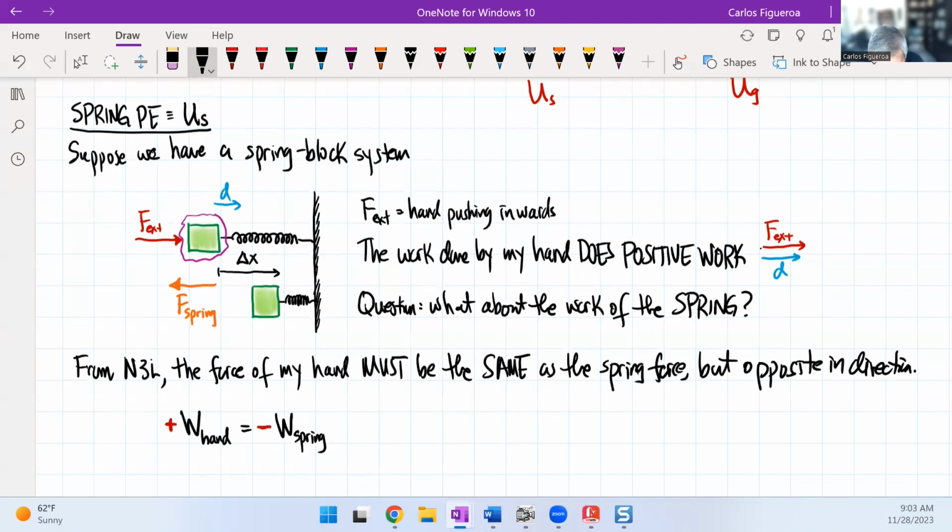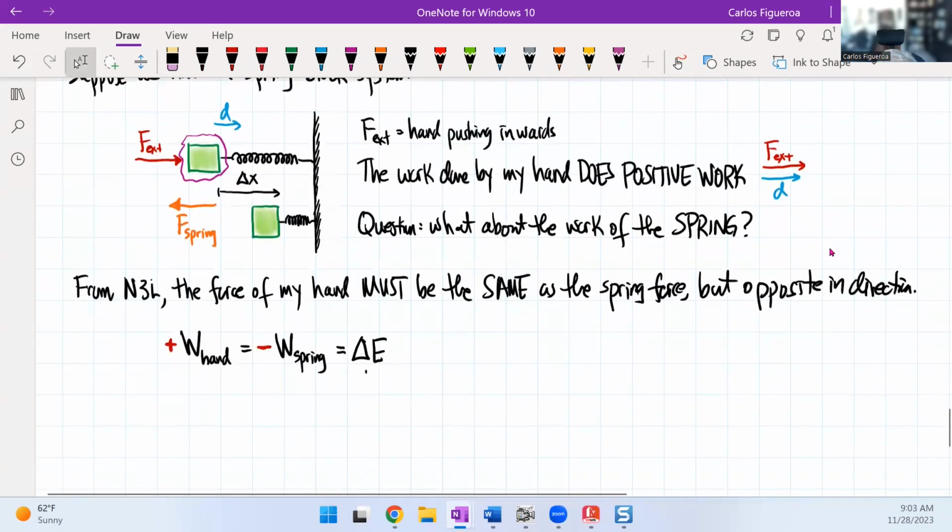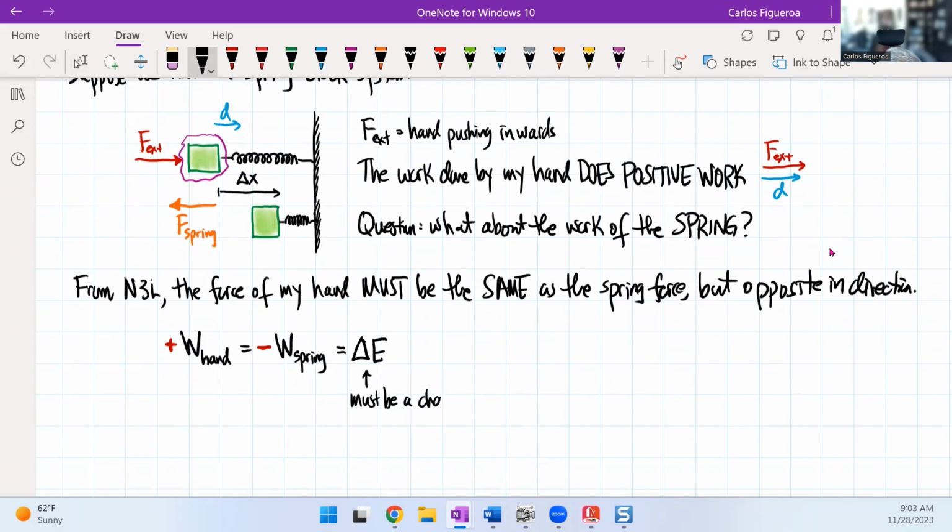So the question is, this work must change the energy of the system. So there must be a change in energy in the system. That's what we're talking about when we say spring. So the negative work of the spring changes the energy of the system.